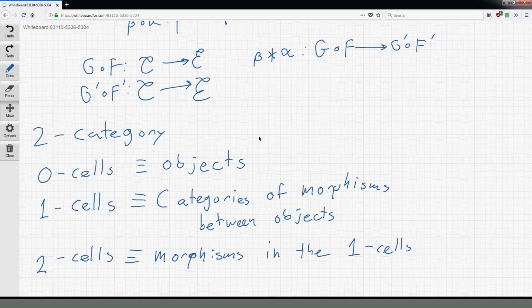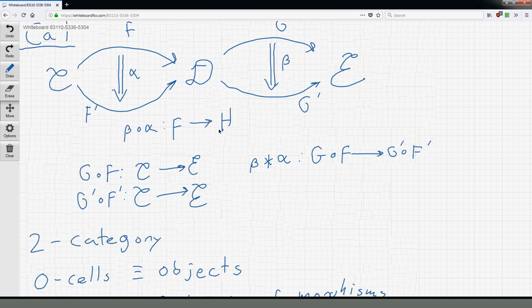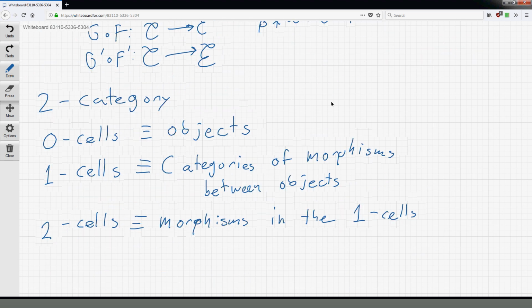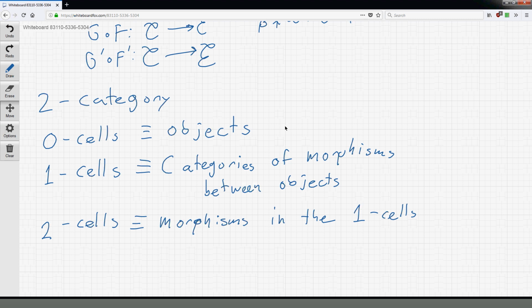So for any two category, you have the corresponding concepts of vertical and horizontal composition between two cells, which works exactly the same way as it does in the category of categories, except now we've abstracted away even further from what the morphisms, or one cells or two cells, actually are in this case.